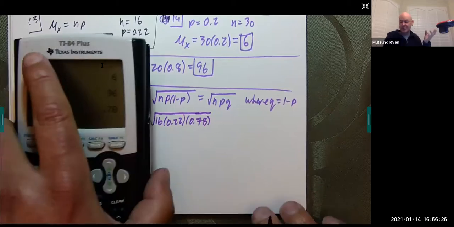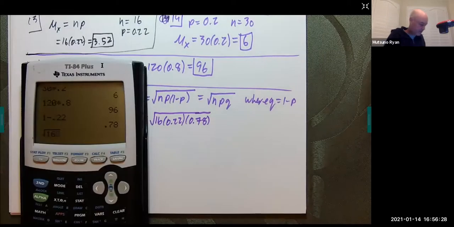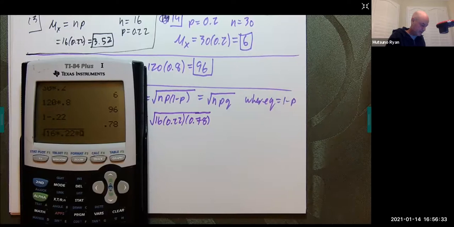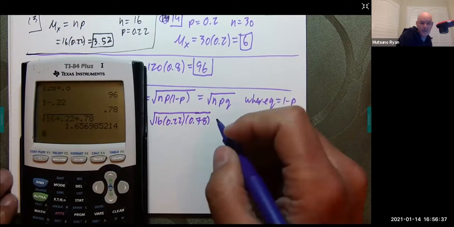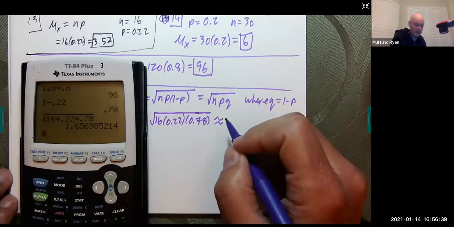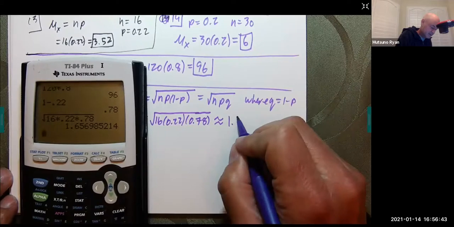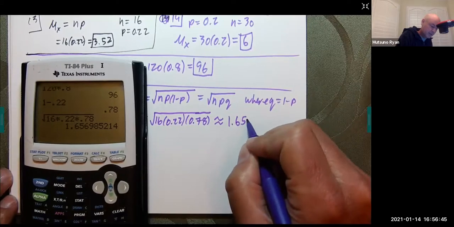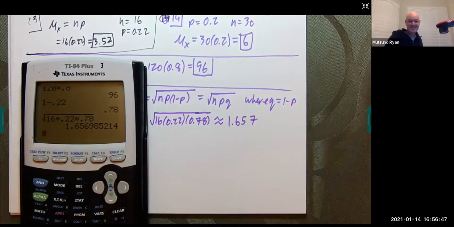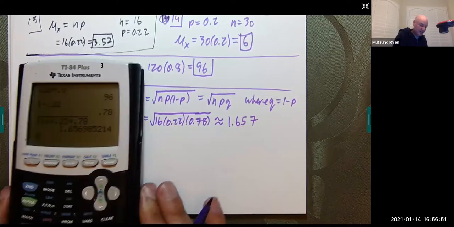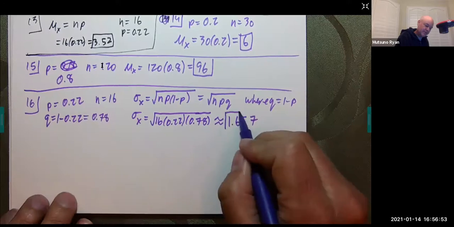Your calculator, you may need to use more parentheses and stuff. Times 0.22 times 0.78. And they don't say where to round it off, so I'll go 3 decimal places, 1.657. A little less messy that way. So there we are. Standard deviation.